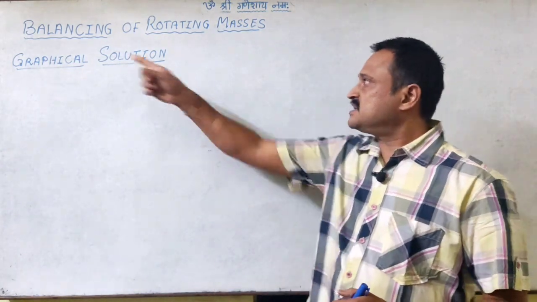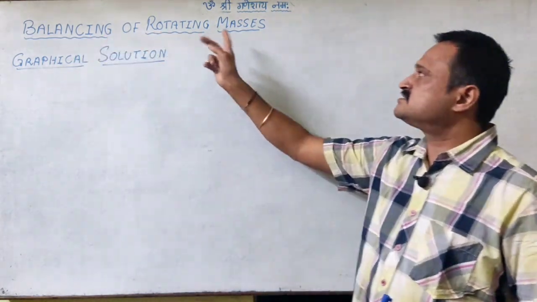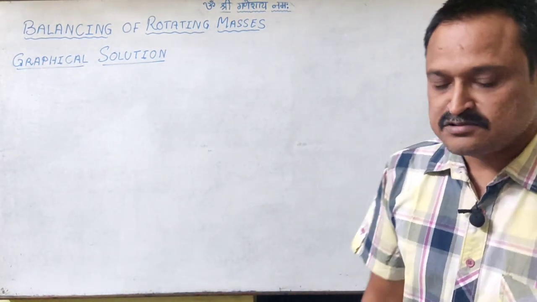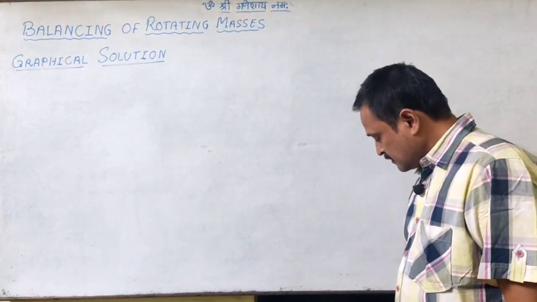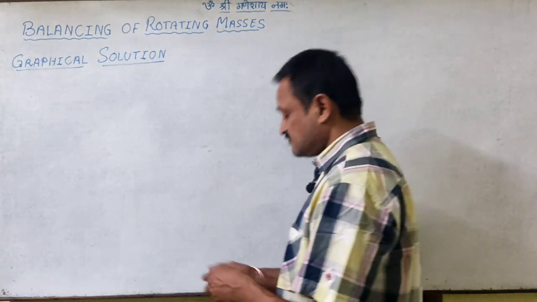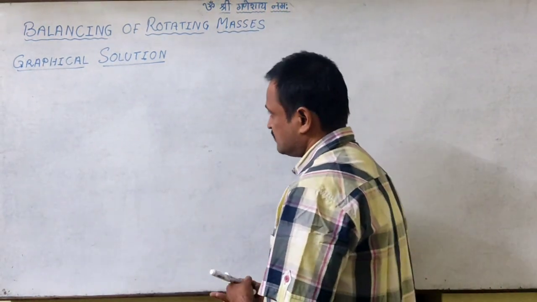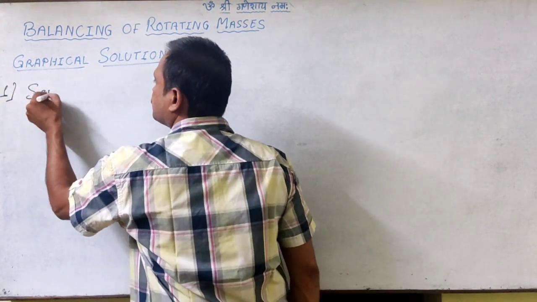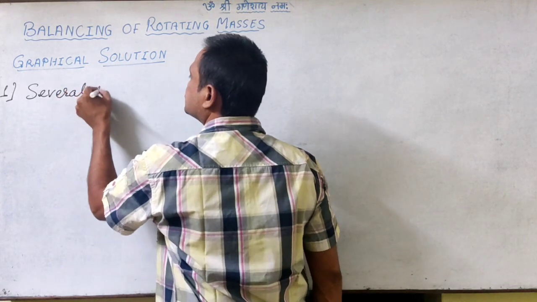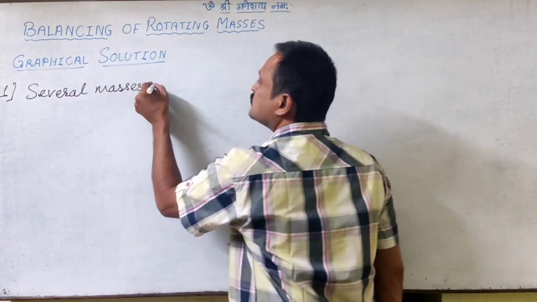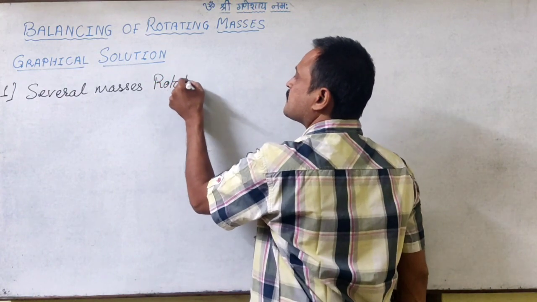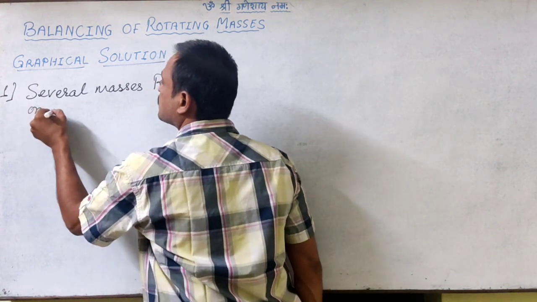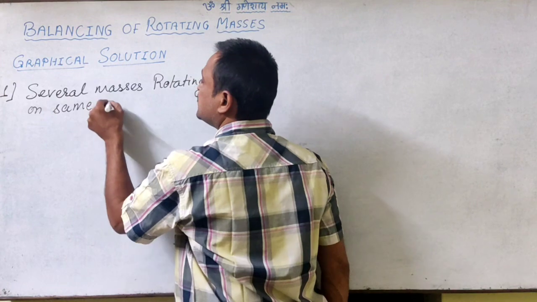Out of which first we will be dealing with the balancing of rotating masses, and we'll try to see how to get the graphical solution for balancing such systems, in which we will consider a first case, where several masses are rotating on the same plane.